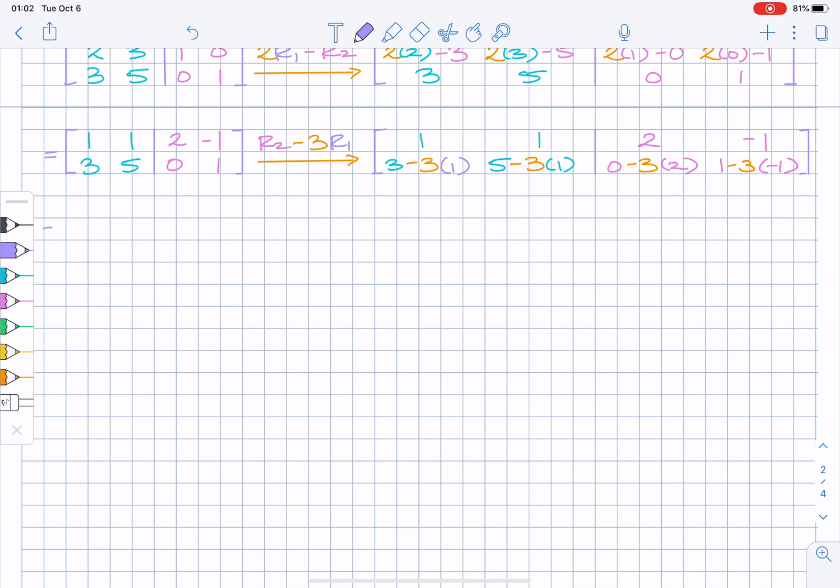So what do we get then? We get 1, 3 minus 3 is 0. 1, 5 minus 3 is 2. Augment. 2, 0 minus 6 is negative 6. Negative 1 and 1 plus 3 is 4. I'm just going to go ahead and do 1/2 of row 2.